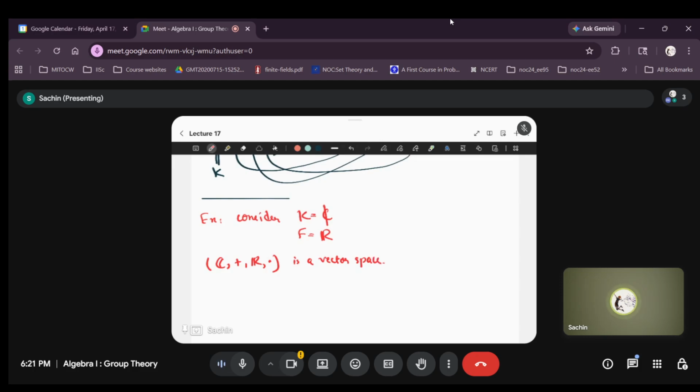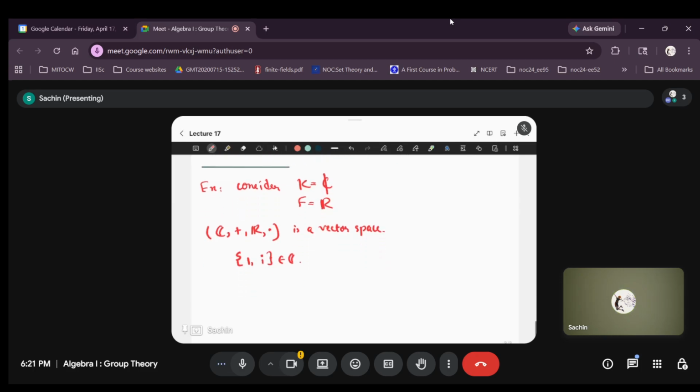That is because consider 1 and i in C. Every complex number is A plus iB, where A, B belong to R.